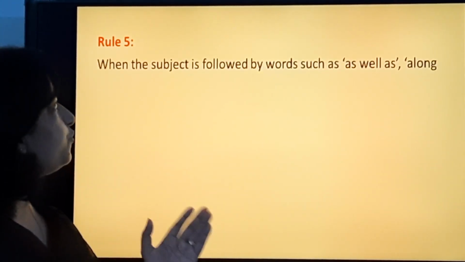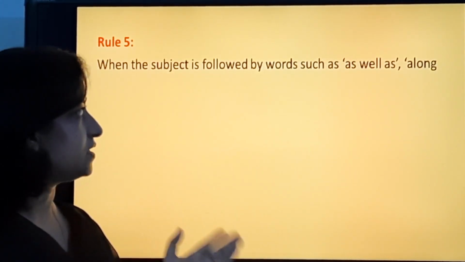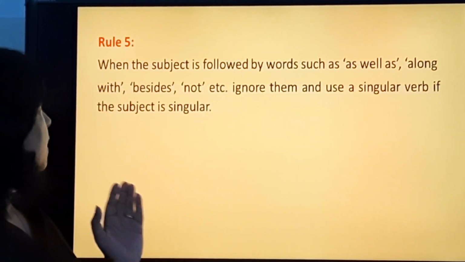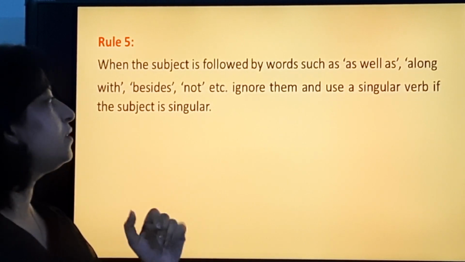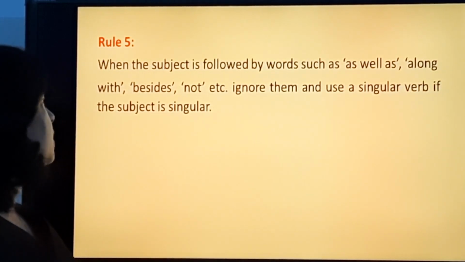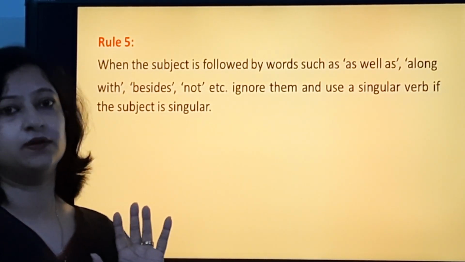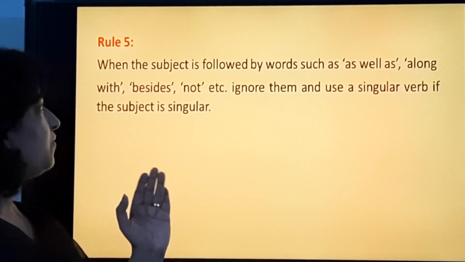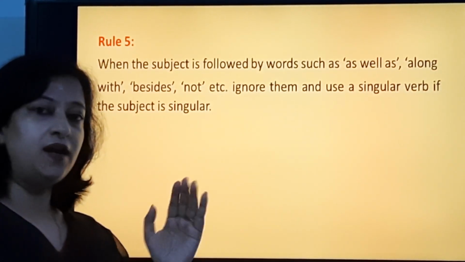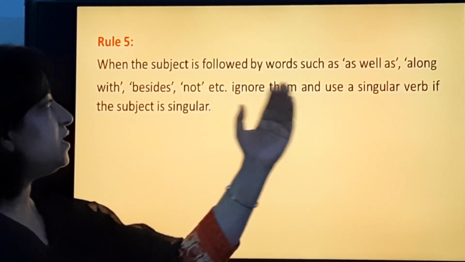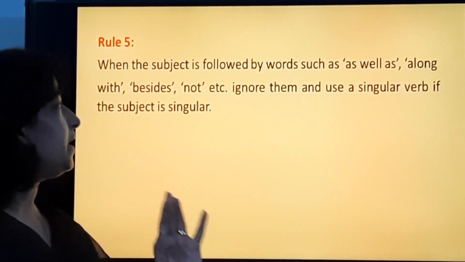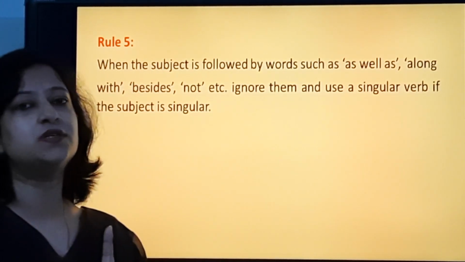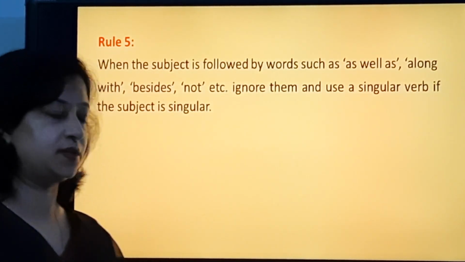When the subject is followed by words such as well as, along with, besides, not, etc., ignore them and use a singular verb if the subject is singular. That means whenever these kinds of words are used with the subject, you will completely ignore them and focus only on your subject.